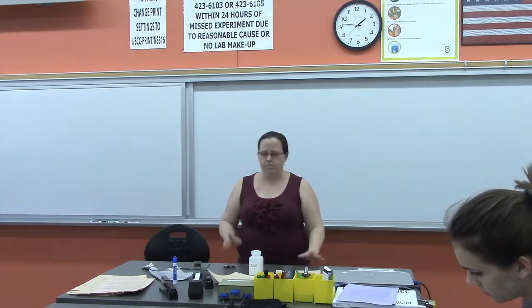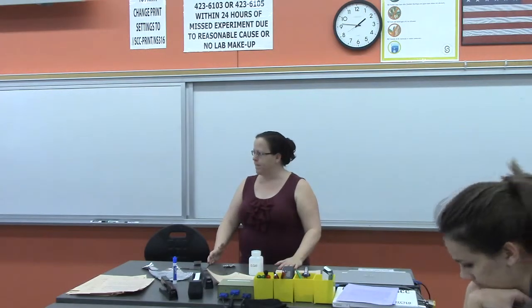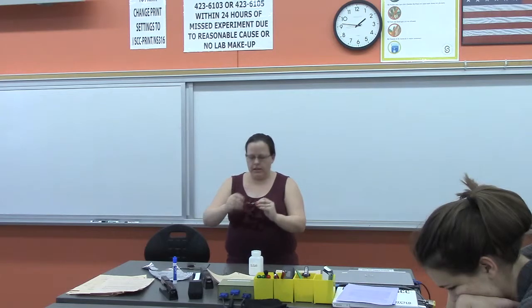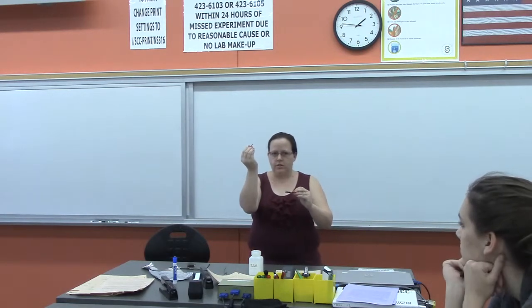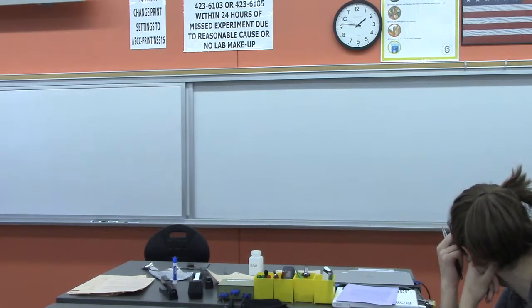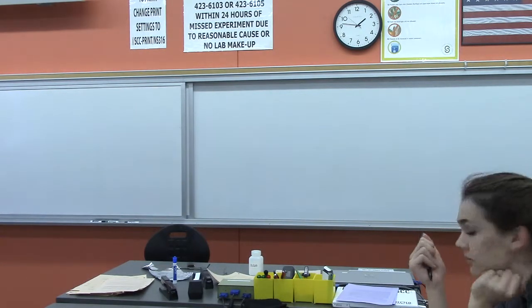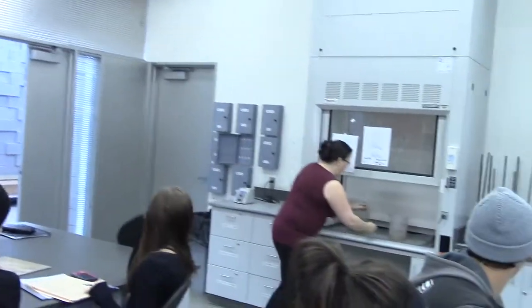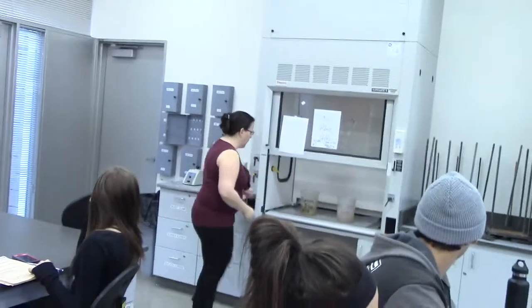Before you move on to part two, we're gonna clean up, okay? So cleanup looks like this. Burned matches. They go in trash can, okay? All your little foil packets of solid, you're gonna come back here, and there's 2 containers in our waste fume hood today.